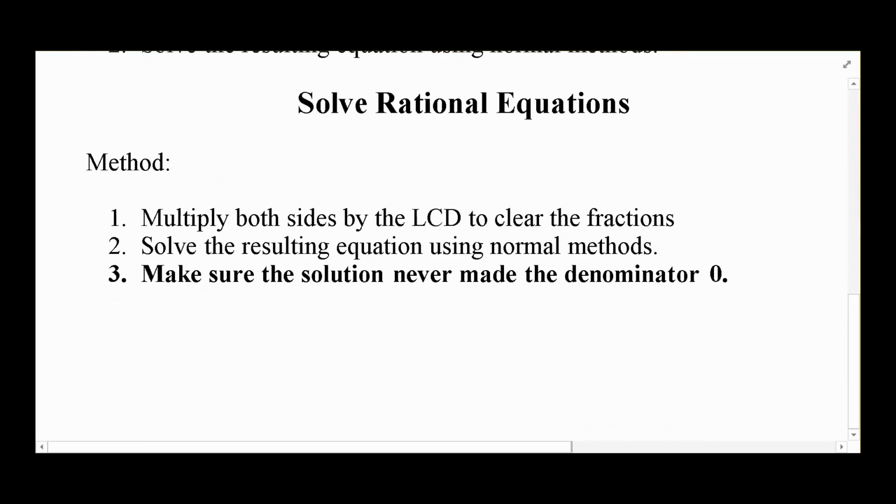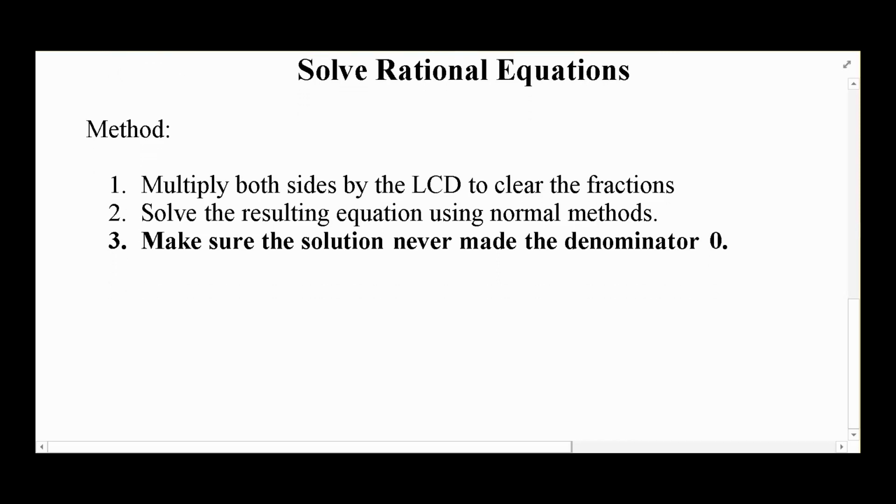Now, when it does come to solving rational equations, I do have a third step in here that ends up being really important. And this is important because of something that I said very briefly and quickly as I was solving that last equation. I said that we're allowed to multiply both sides of the equation by anything we want as long as it wasn't 0. You're not allowed to multiply both sides of the equation by 0.